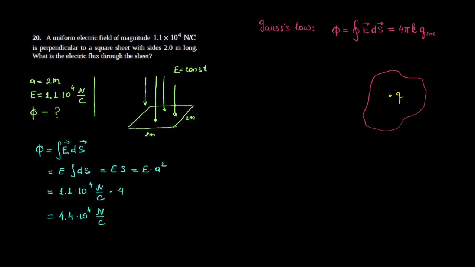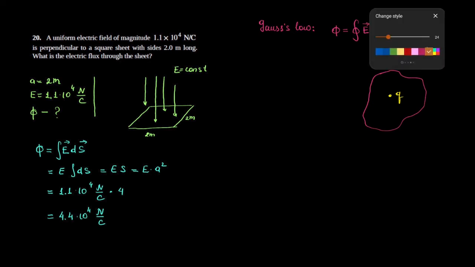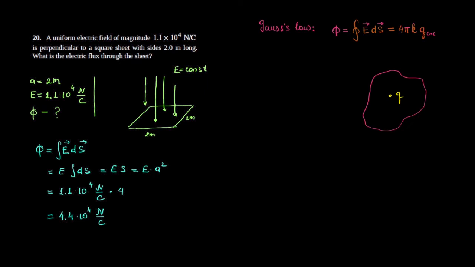So this is called the Gauss law. Let me write it here: the closed integral of E ds is equal to 4 pi K Q enclosed.